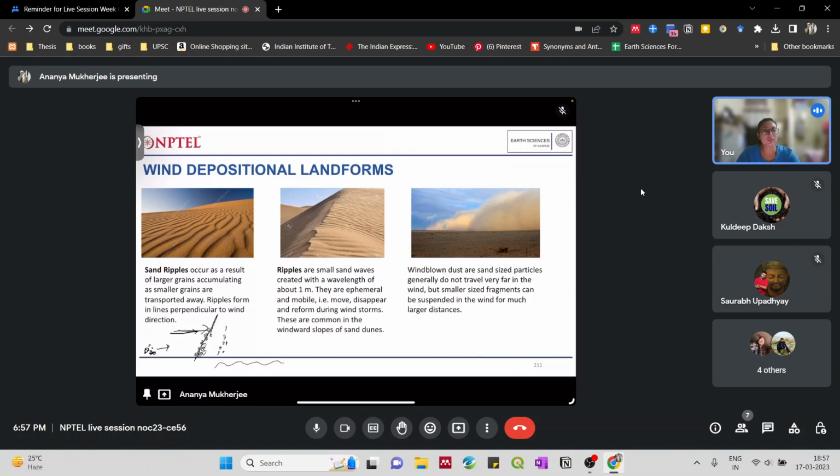The ones which are finer can be suspended in the wind for a very long time and can travel with the wind for large distances, and when the concentration is high and it is over a large area, it is going to appear like a dust storm. So windblown dust is also how dust storms are formed. That is also one of the features.